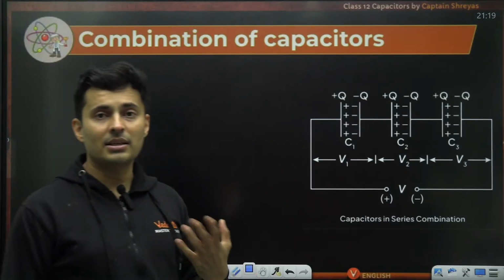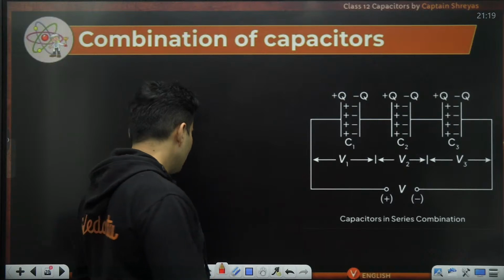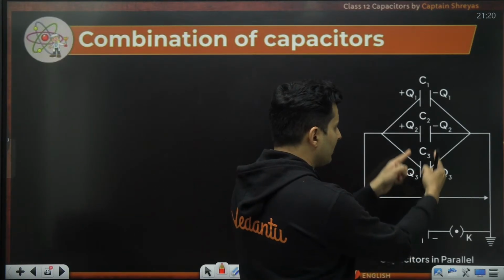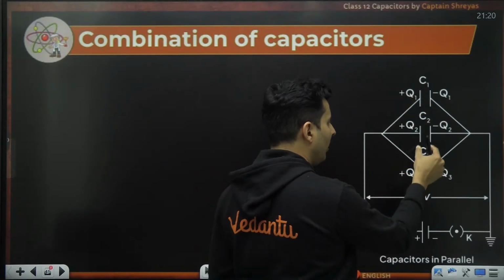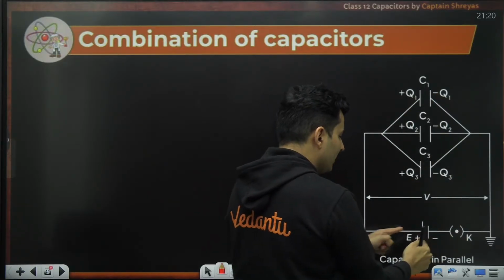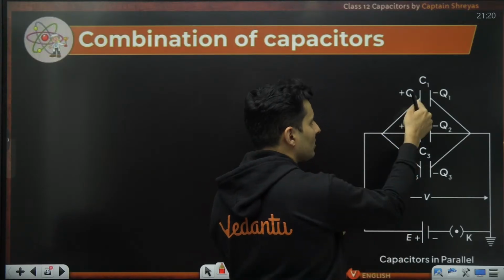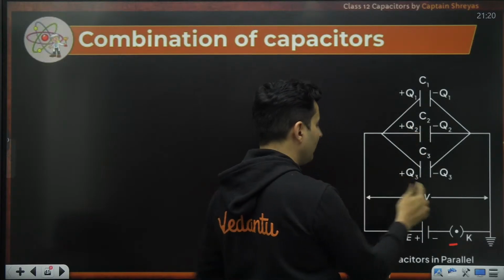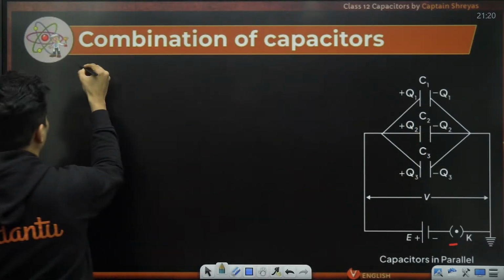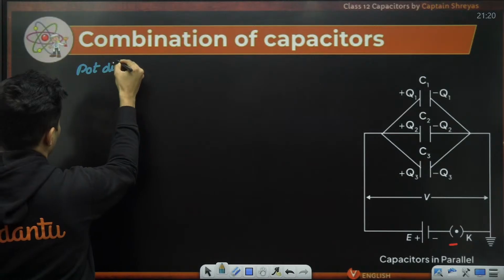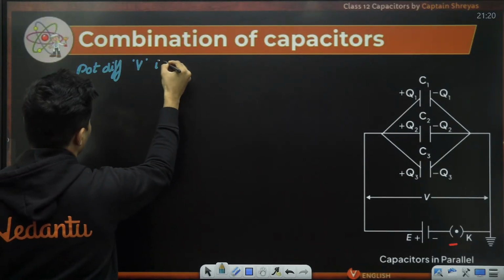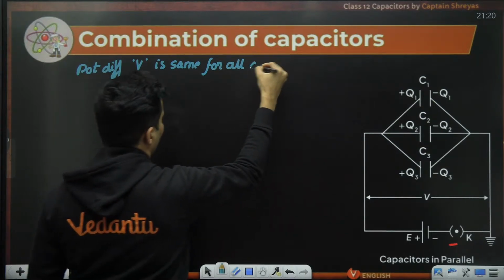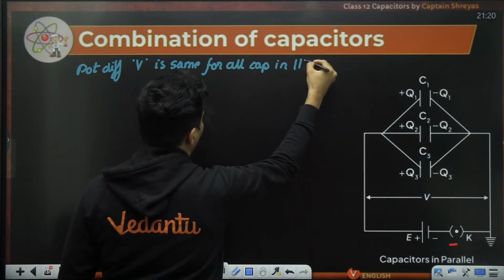So what is the difference in series versus parallel? See, in parallel, it becomes actually very obvious to see that whether you take this capacitor, or this capacitor, all of them will have same voltage. This is connected to positive, this is positive, this is also positive, negative, negative, negative. So basically, it is the potential difference V which is going to be the same for all capacitors in parallel circuit.